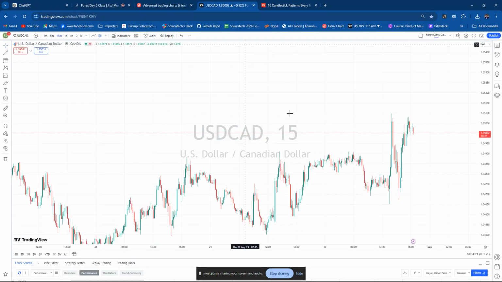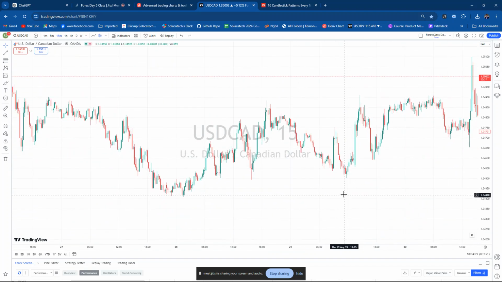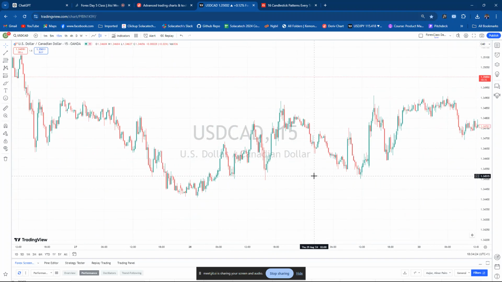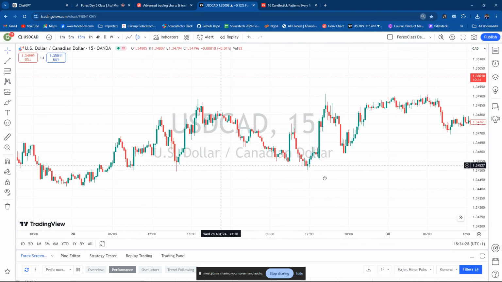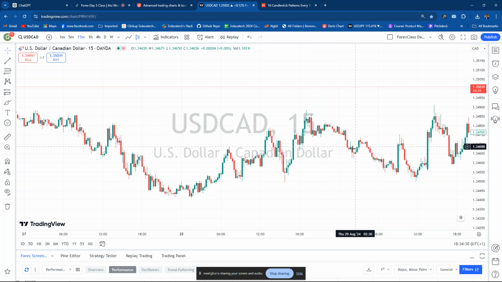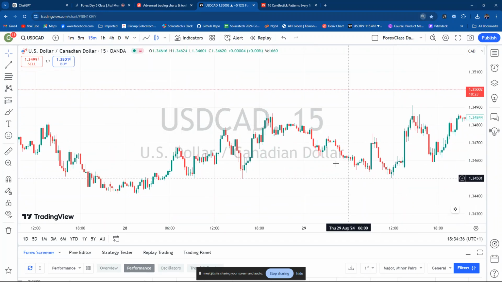Let me show you what that means. Let me show you an example of a hammer. You know how a hammer looks like? This is it. You see this red candle here? This is called a hammer. What does it mean? You see it has a long wick and it closes.